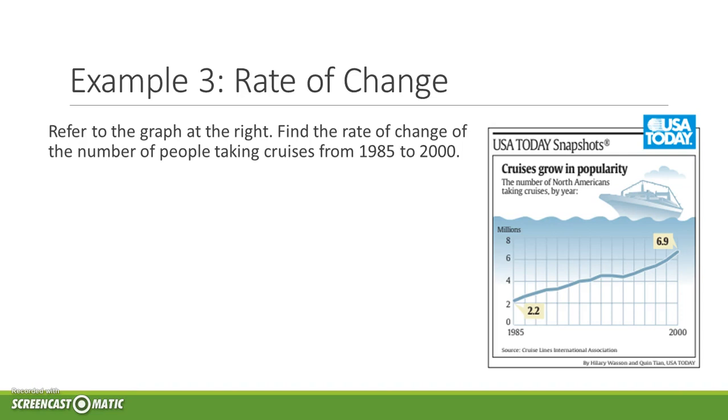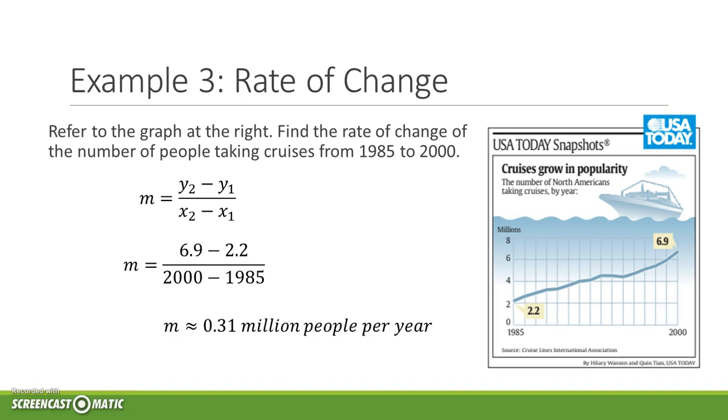Right. So here's the rate of change. We're going to refer to the graph to the right. We're going to find the rate of change of the number of people taking cruises from 1985 to 2000. So we're going to start with the slope formula. We're going to substitute our values in. Our x2 is 2000, x1 is 1985, y2 is 6.9, and our y1 is 2.2. 6.9 minus 2.2 over 2000 minus 1985 is about 0.31 million people per year.